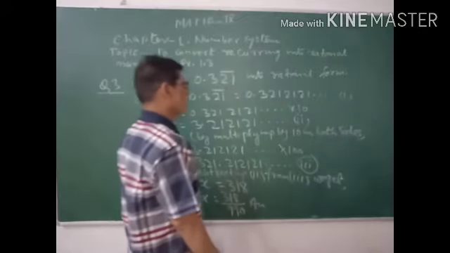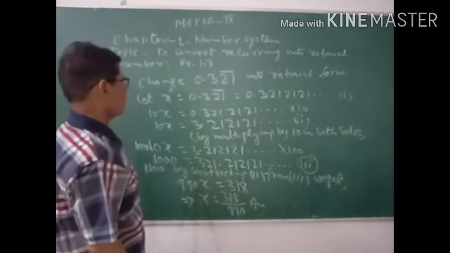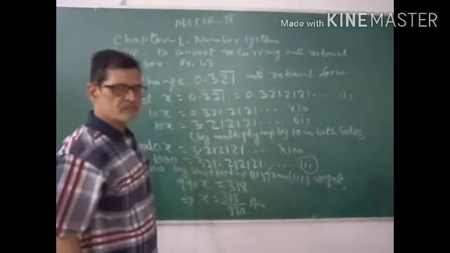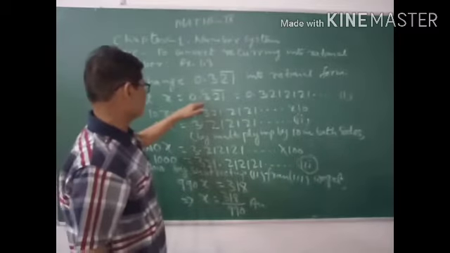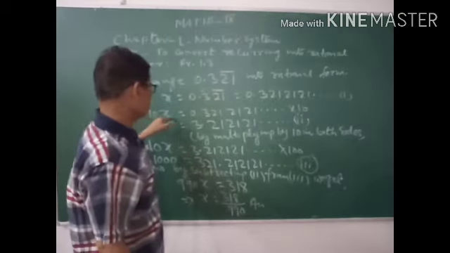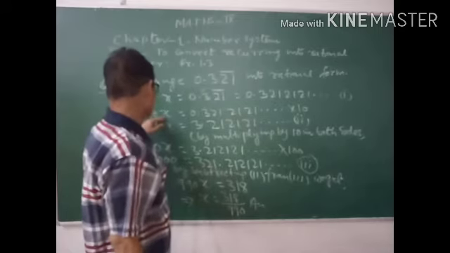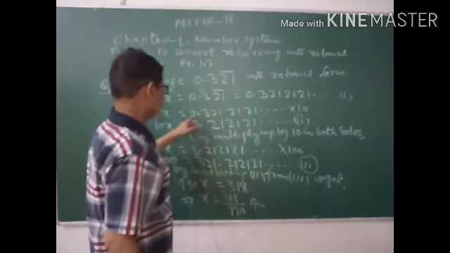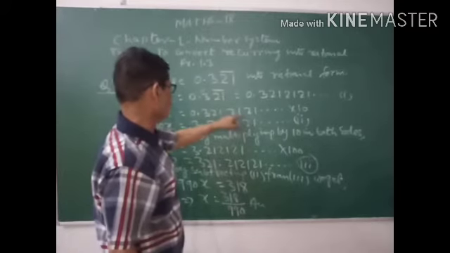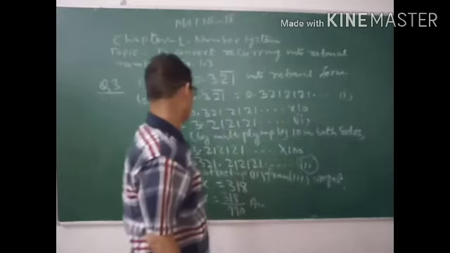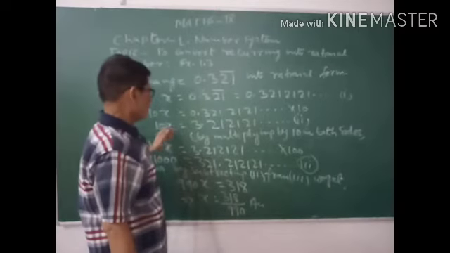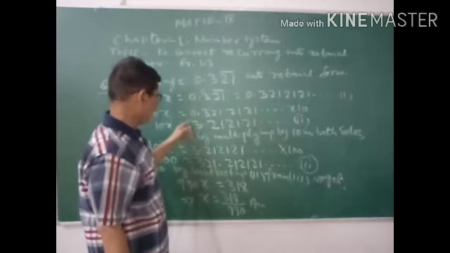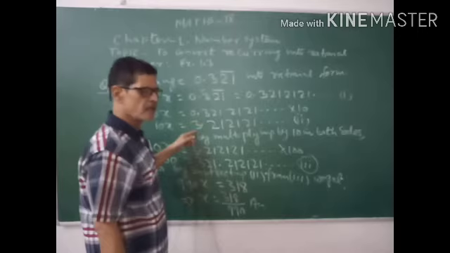We consider it as the first equation. Now we want to take out the one digit which is without recurring, so we are supposed to multiply by 10 on both sides. I have multiplied to get 10x, which will be equal to 0.3212121 into 10. And this 3 will come out of the decimal. So I have written here 3 out of the decimal.